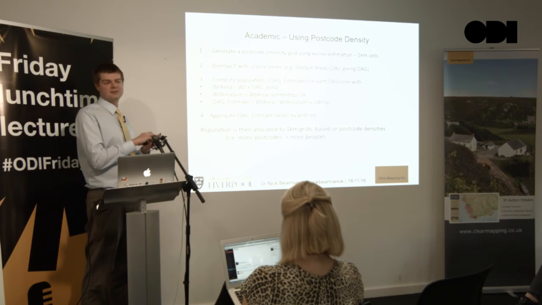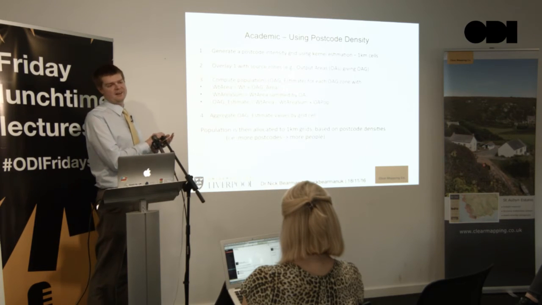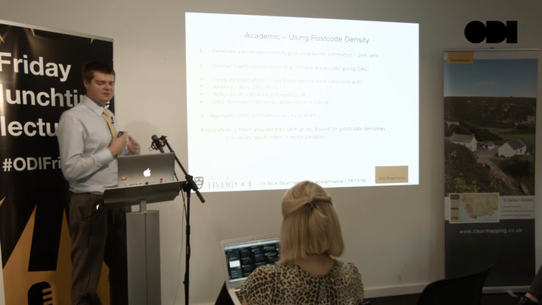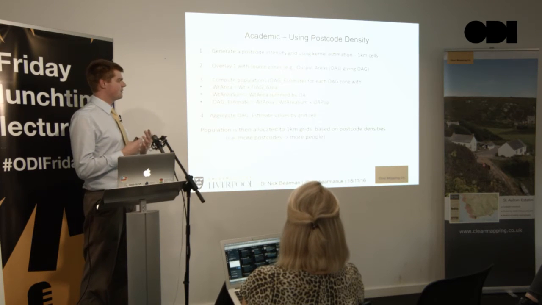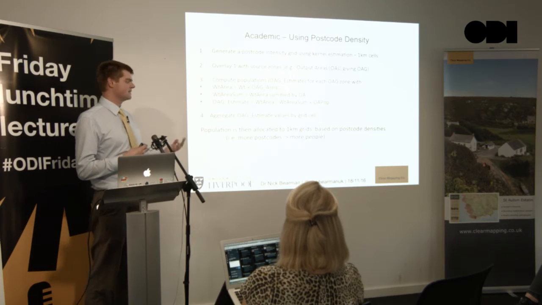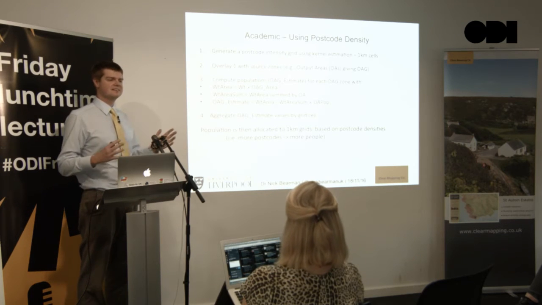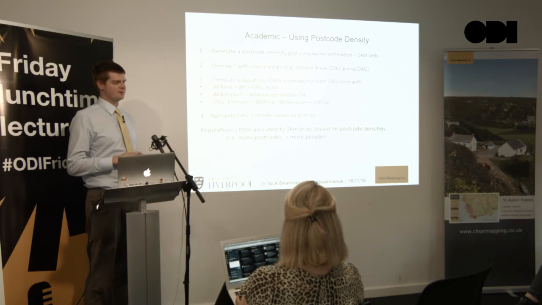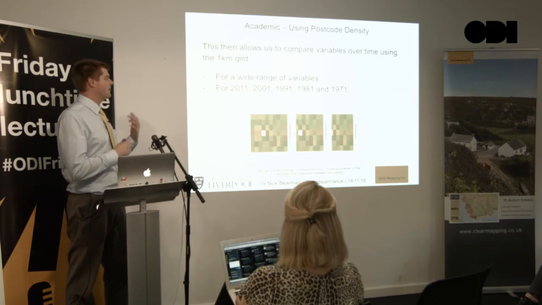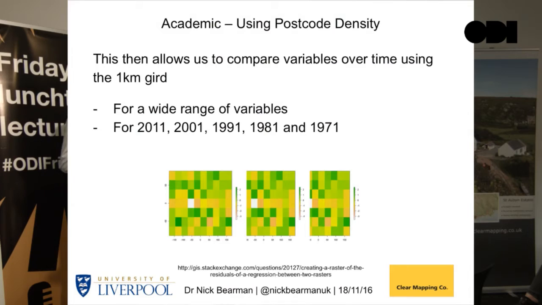So if you've got more postcodes in one area, you get more people in that area, is our logic. The reason we use postcodes is because we have postcode centroids all the way going back to 1981. So it's a consistent data source across the time period we're interested in. This then allows us to generate these grids for as many census variables as we want for all of the 5 time periods, so 2011 all the way back to 1971.